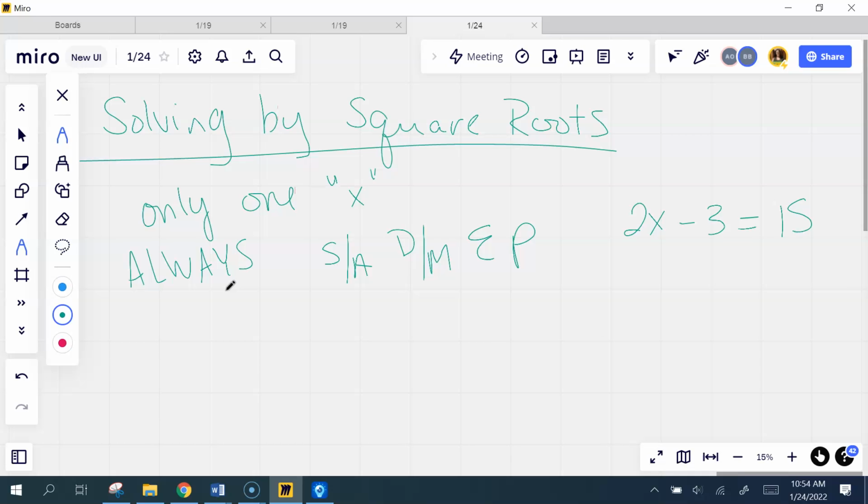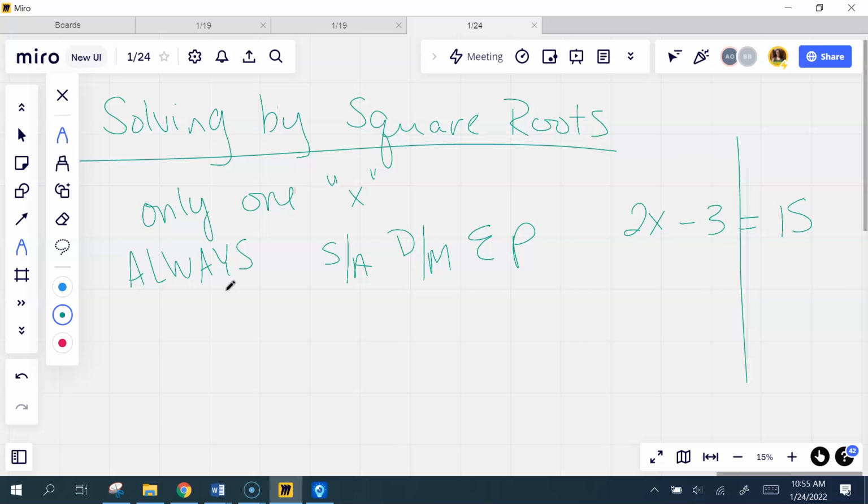Add 3. How do you know that you add 3 first? Okay, well, what if I told you there's a reason you do what you do? But why do you get rid of the 3 first and not the 2 first? What are they teaching y'all in Algebra 1? Oh my goodness.